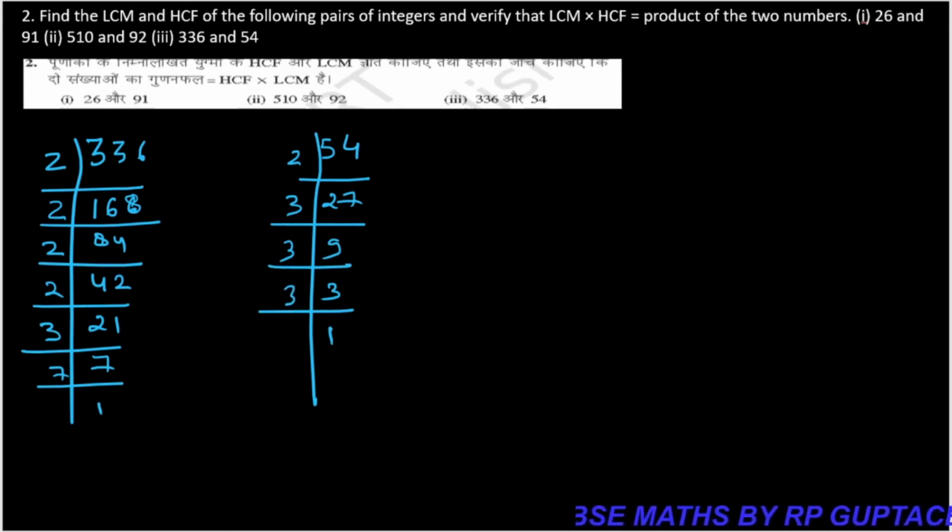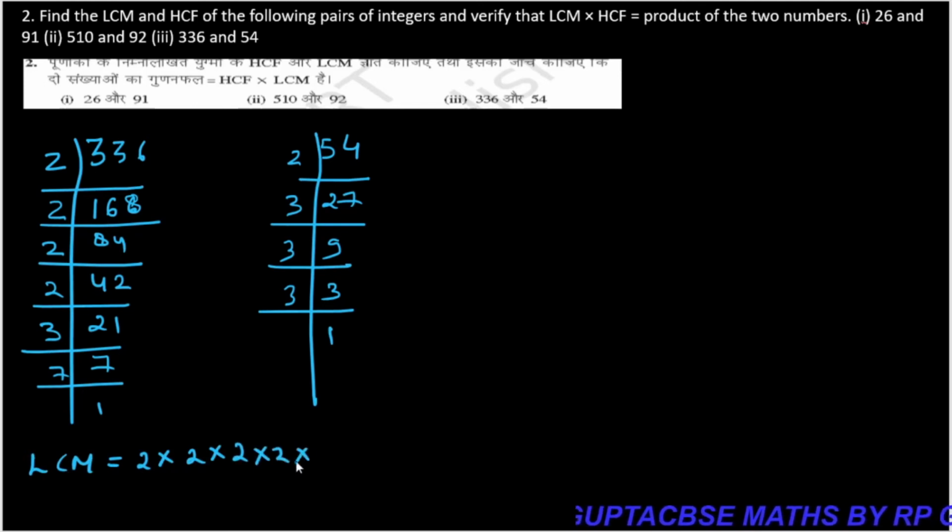Now I can find the LCM. LCM is equal to, as I told you, take all the multiples of the first part: 2 into 2 into 2 into 2 into 3 into 7. Now we have already taken 2. 3 times 3 is given here, I had only one 3, so I will take it two times.